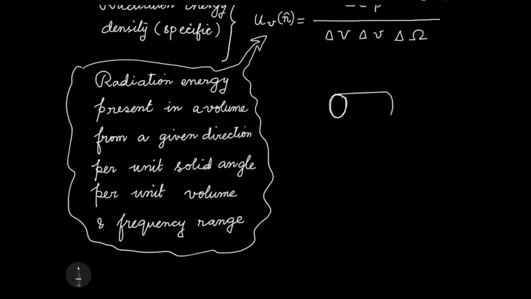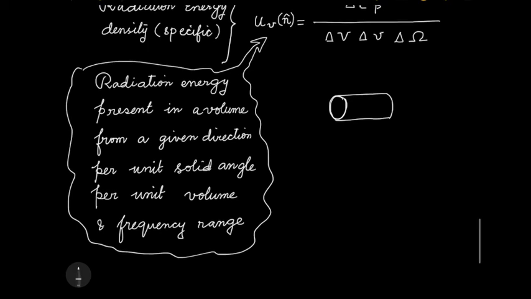So for that I consider a cylinder. Now this is my volume over which I will talk about this specific intensity and U nu. Okay. So say this is the solid angle from which the radiation is coming inside this. The cross section of this is delta A. This is d omega.